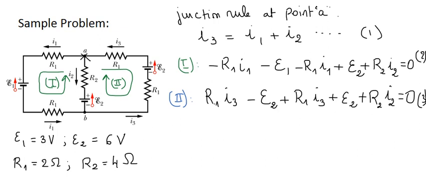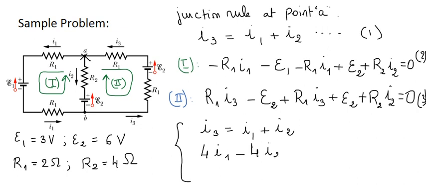So solving these three equations for three unknowns. If you put the numbers, you will obtain this kind of system of equations. I3 equal I1 plus I2. The second equation, after working out, gives 4I1 minus 4I2 equal 3.